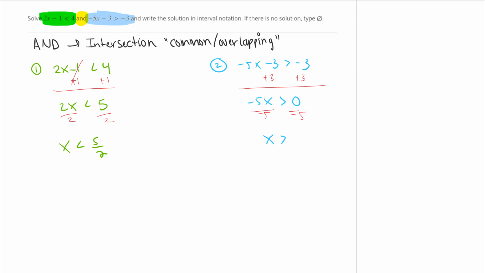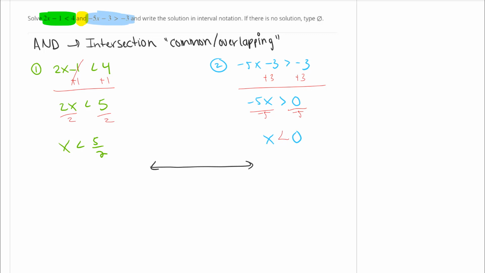So I get x is greater than 0. But remember, whenever you divide by a negative number, the inequality is going to change direction. Okay? So now it's going to be x is less than 0.